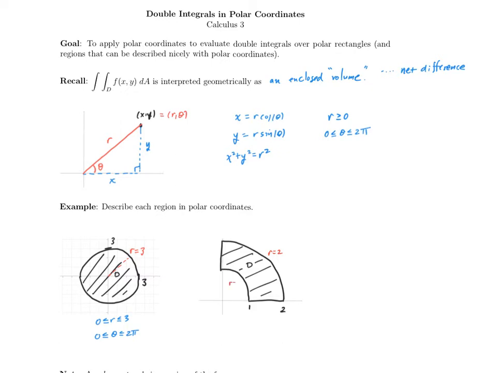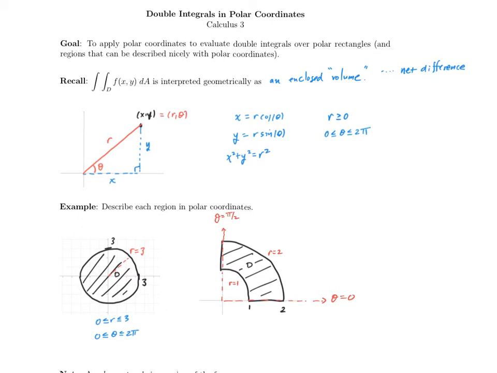The inside circle, we're thinking of it as having radius 1. And note, going along this positive horizontal axis corresponds to theta being 0, and going along this positive vertical axis corresponds to theta equaling pi over 2.